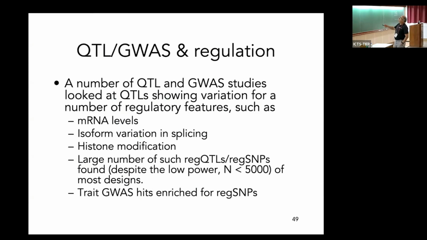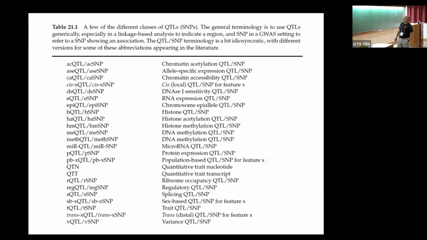That brings us to the whole idea of regulatory SNPs. Here are all these features we can measure. Is this site methylated? Well, it's 0 or 1. I treat that like a disease gene. I can map sites that impact that. I can map SNPs for that, just like I can map SNPs for height, or for expression of FTO, or expression of any of the 30,000 genes in the human genome.